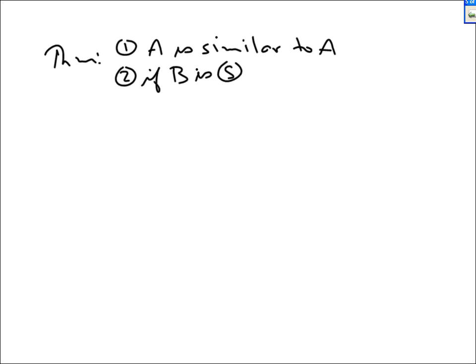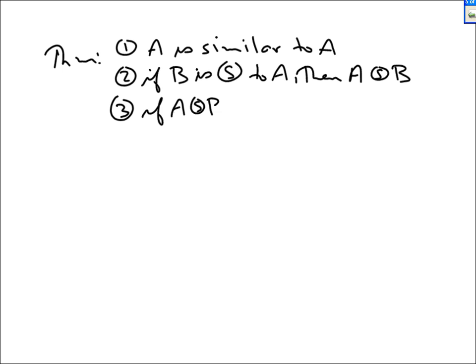If B is similar to A, then yes, A is similar to B, and statement C says if A is similar to B and B in turn is similar to C, then A and C are similar. The transitive law.